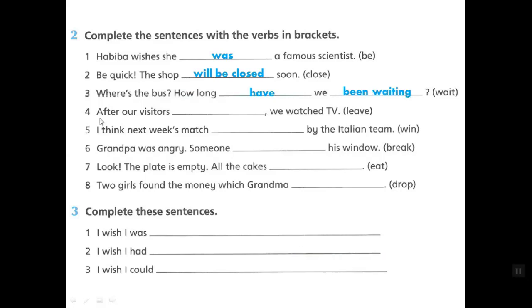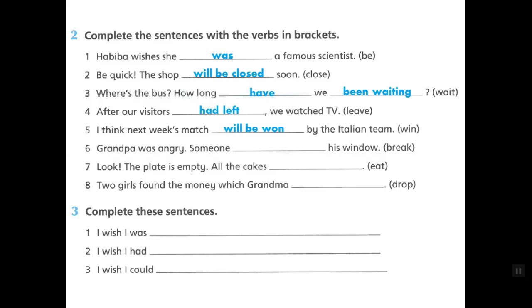Number 4. After our visitors, space, we watched TV. So, after our visitors had left, we watched TV. I think next week's match, space, by the Italian team. We have "win". So, I think next week's match will be won by the Italian team. Number 6. Grandpa was angry.